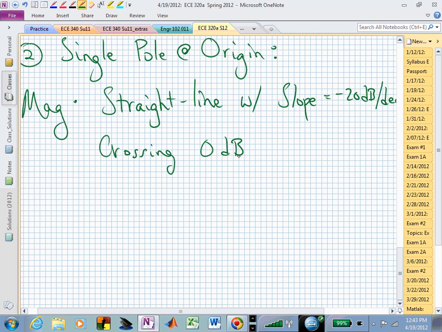It will actually pass through 0 dB at a frequency of 1 radian per second. That's what the magnitude does. That's where we can pin it on our plot. We know it's a line that slopes at minus 20 dB per decade. We can fix it on our graph by locating one of the points on that line to be 0 dB at omega equal 1. What's the phase of this single zero, I'm sorry, this single pole at the origin?